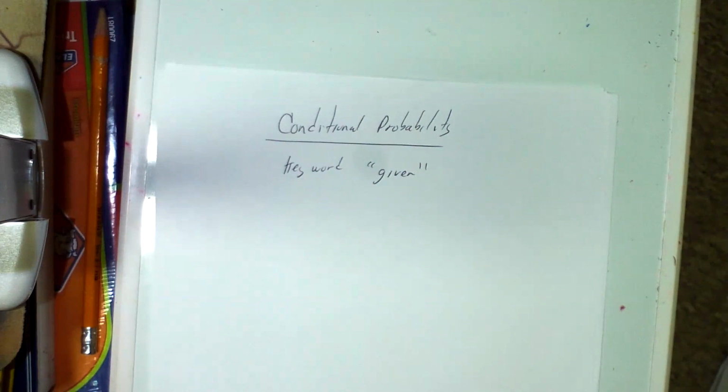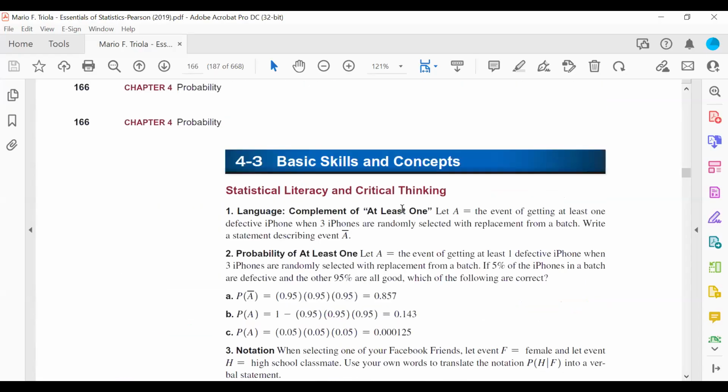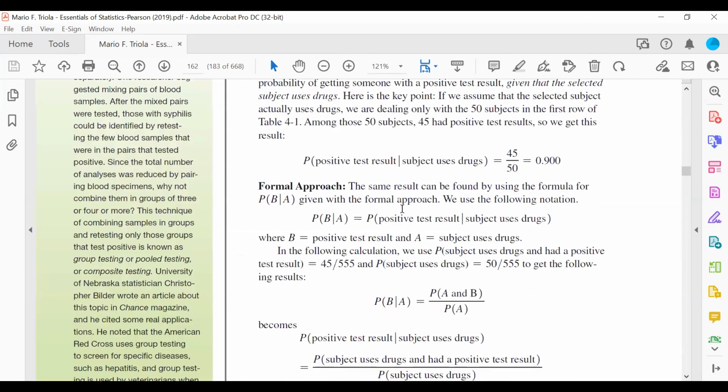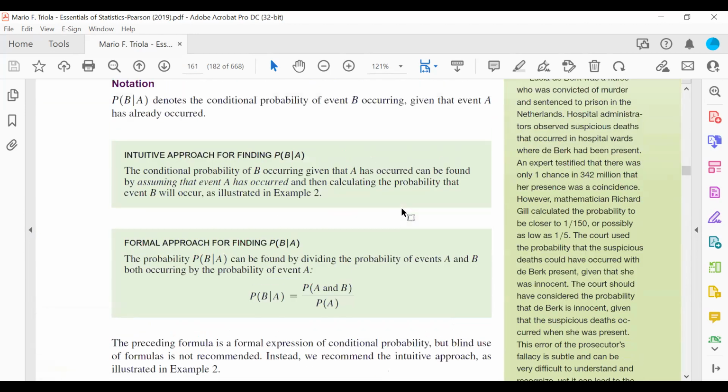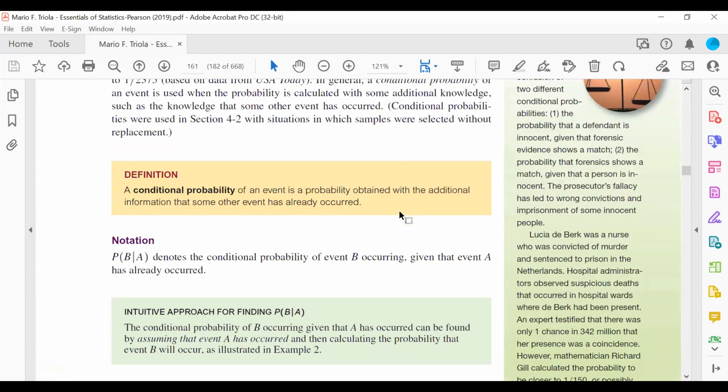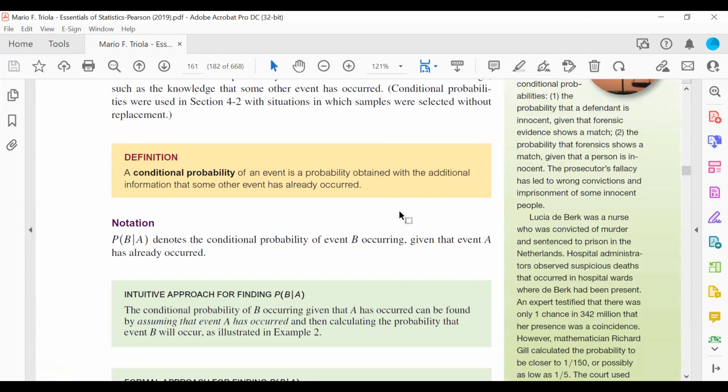And the formula, let me share that with you. The formula is on page 161. All right, so there's the definition.